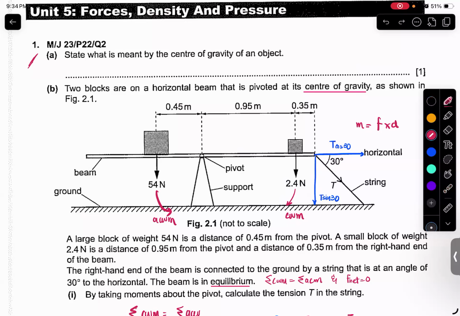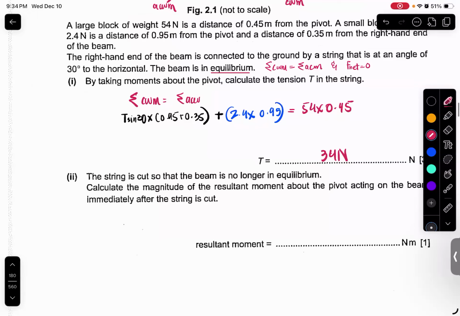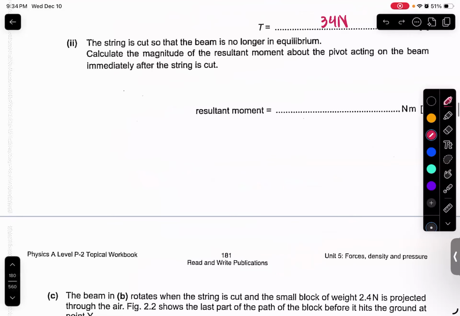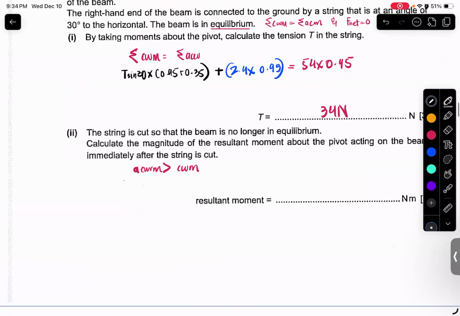If you cut off the string, the anti-clockwise moments are now greater than the clockwise moment, because the string was providing a clockwise moment.